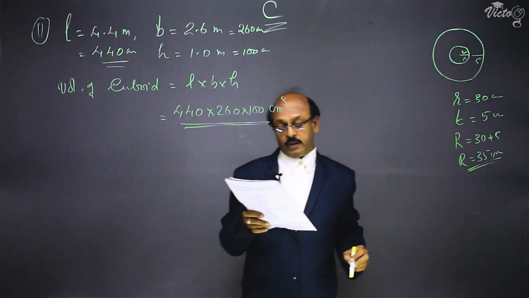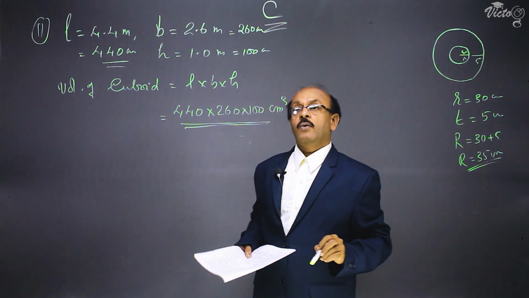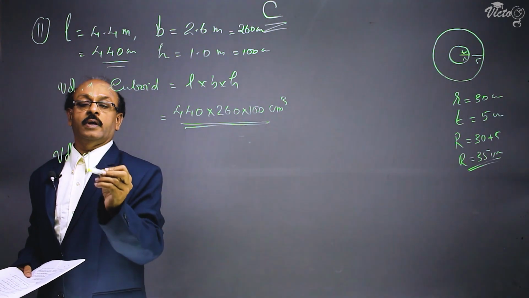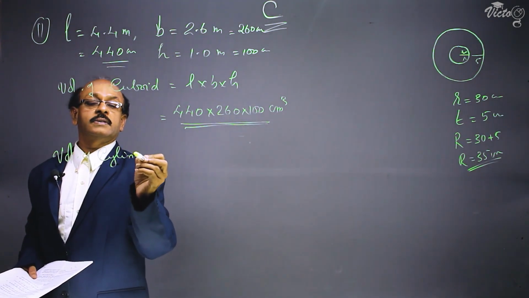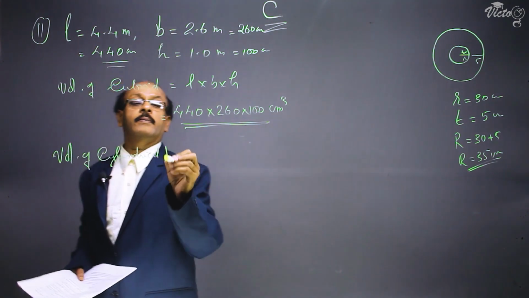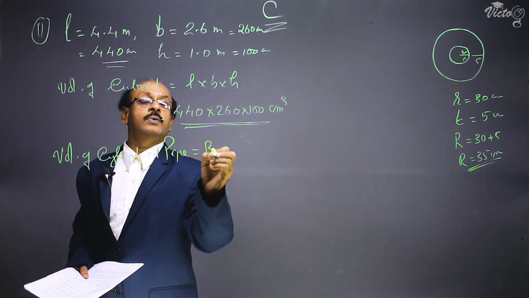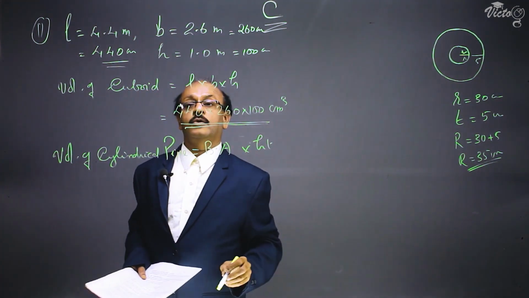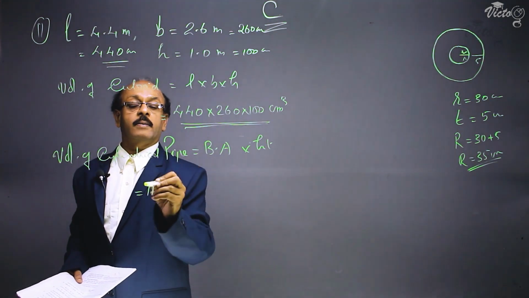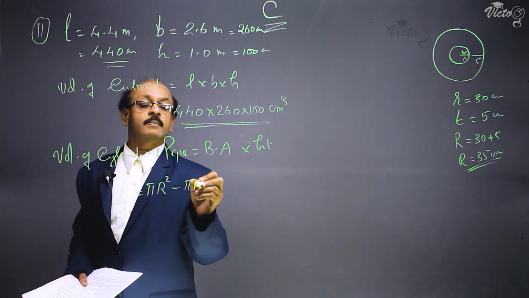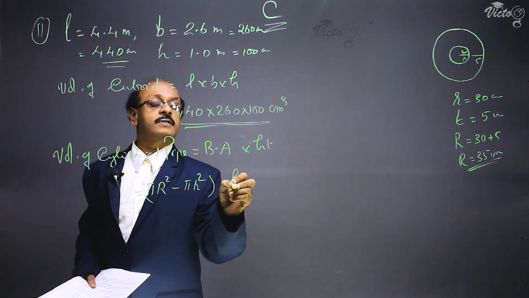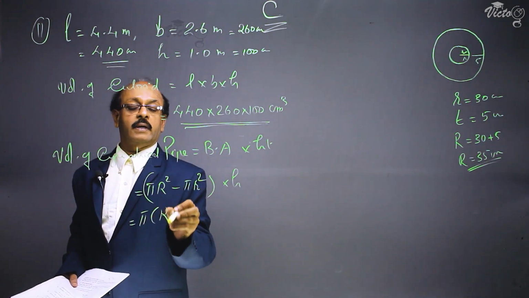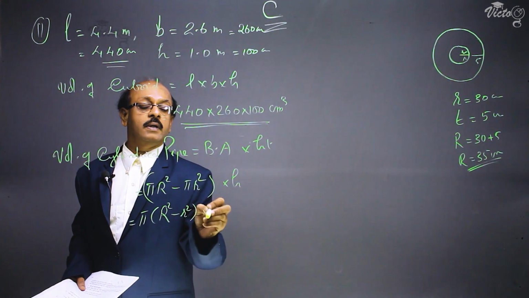Now we have to find the volume of the cylindrical pipe, which is equal to base area into height. Base area means pi capital R square minus pi small r square, into height h. Taking pi as common, the remaining is R square minus r square into h.